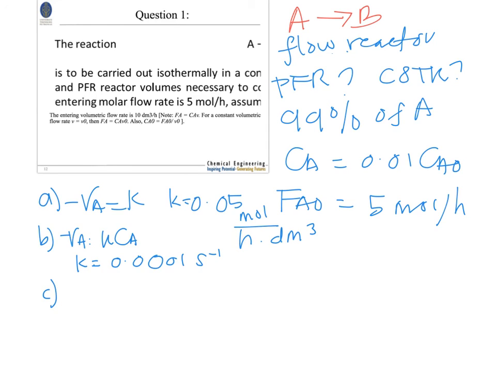For case C, minus RA equals k CA squared, with k equals 3 dm cubed per mole hour. The entering volumetric flow rate is given as 10 dm cubed per hour. Try this question and we will discuss it in class.